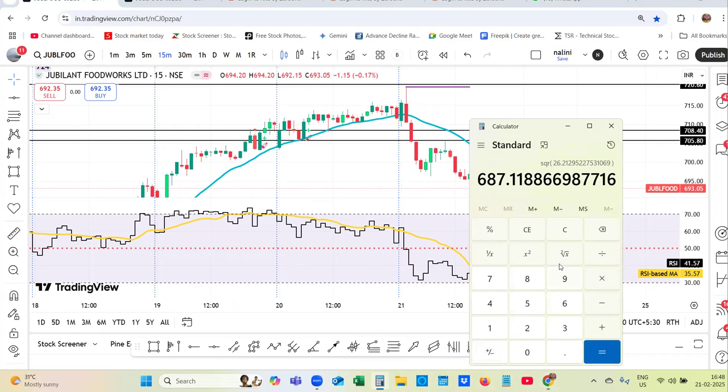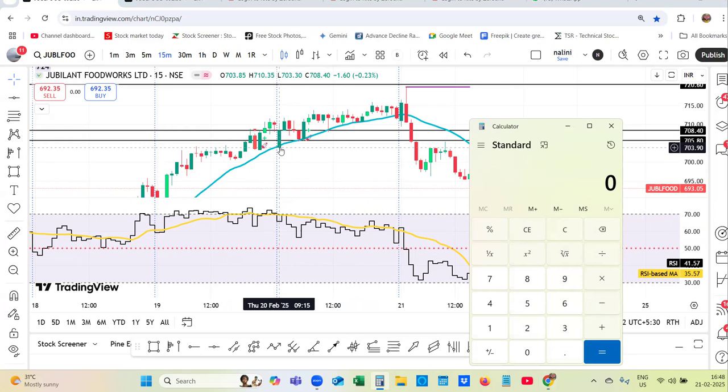If I am going to enter a long position, so what I'm going to do is, I'm going to calculate. Is it right? What did I do? No, sorry. This is low is 703.